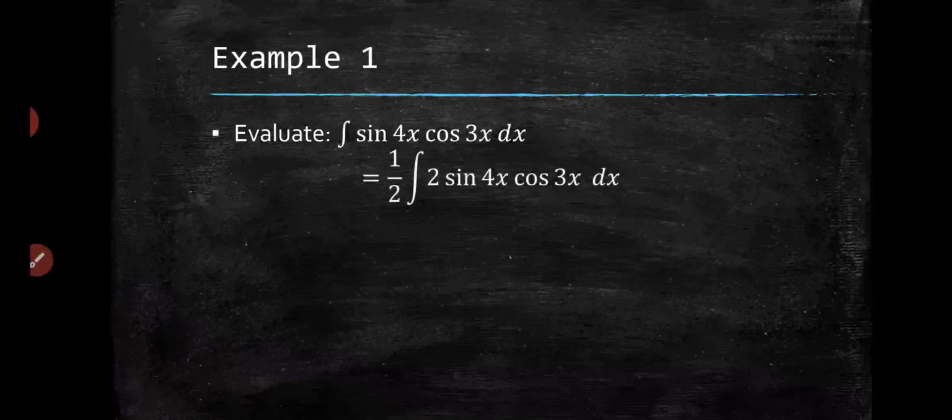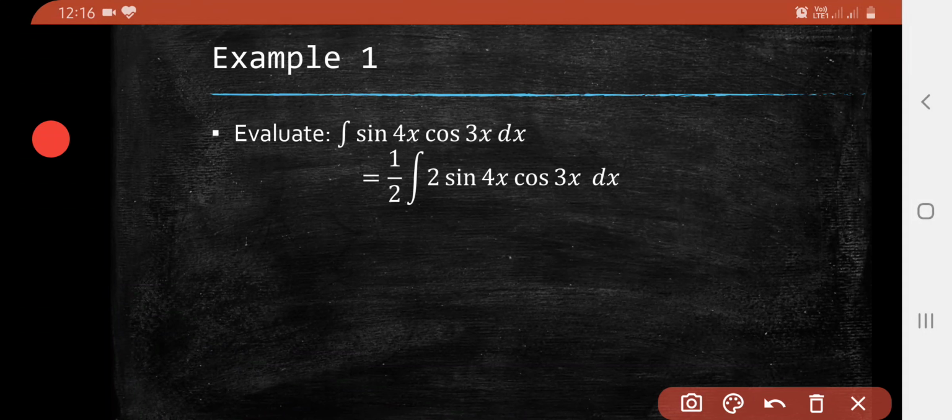So 2 sin 4x cos 3x is in the form 2 sin a cos b. What is the formula for 2 sin a cos b? That is sin(a plus b) plus sin(a minus b). If you have forgotten, please open your class 11 book and go through all the formulas.